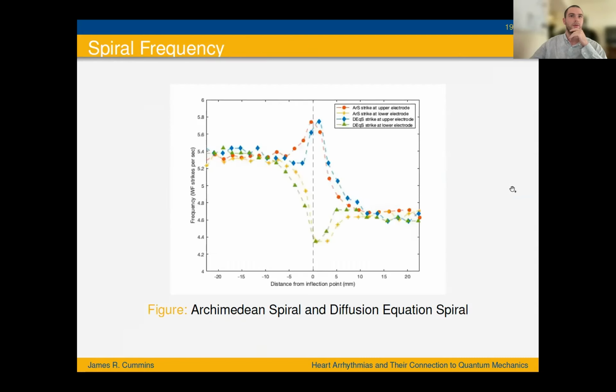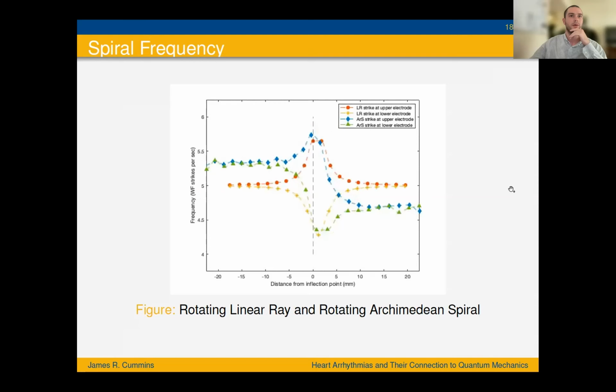Now, here's what happens with the spiral. First, we just show a linear rotating wave, so just a rotating wavefront. We'll see the strikes to the top electrode in red and the strikes to the bottom electrode in yellow. This dashed line shows where these electrodes are positioned. So you'll see here that in one respect, you'll see an increased frequency for one electrode, but a decreased frequency for the other.